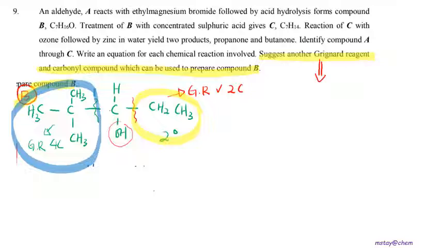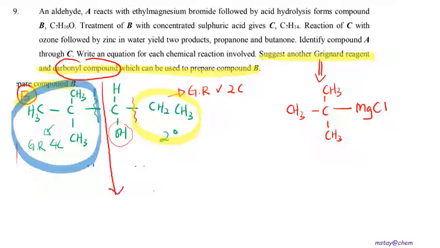the Grignard reagent, which is CH3, CH3, CH3, and then this one is bonded to MgCl, okay, or MgBr is also accepted. And then the other one is the carbonyl compound.